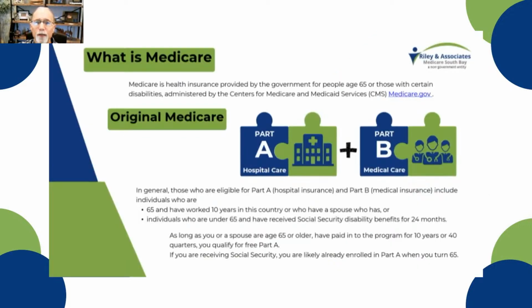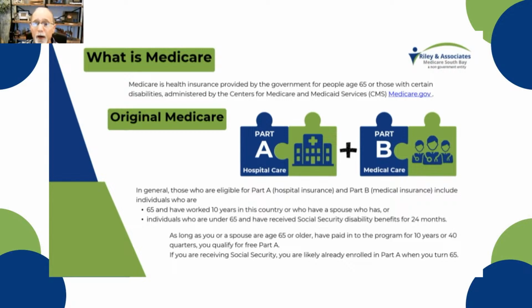So what is Medicare? Medicare is health insurance provided by the federal government for those age 65 and older, and those under 65 with certain disabilities. Most people are eligible for Part A and Part B as long as they're 65, and they or a spouse has paid into the Social Security system for 10 years or 40 quarters.